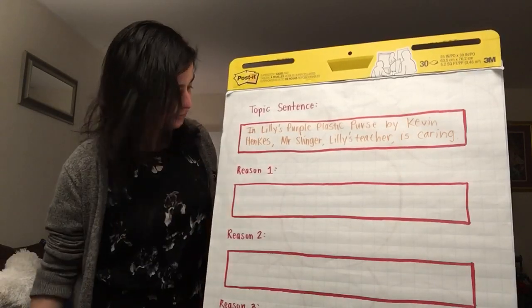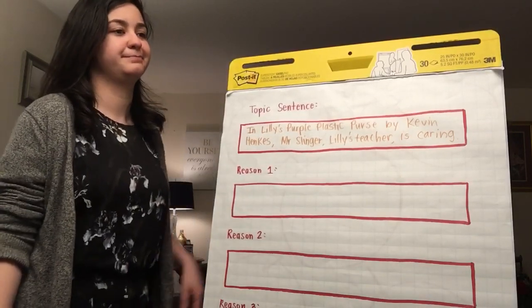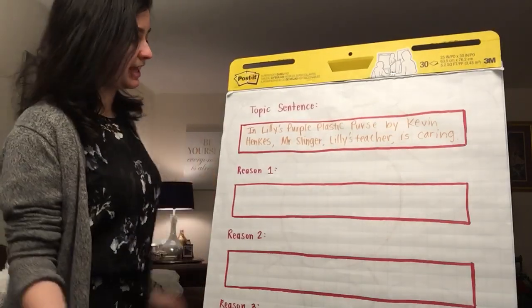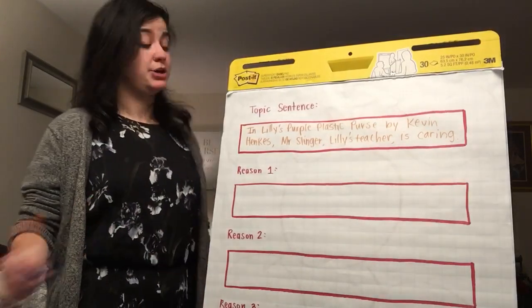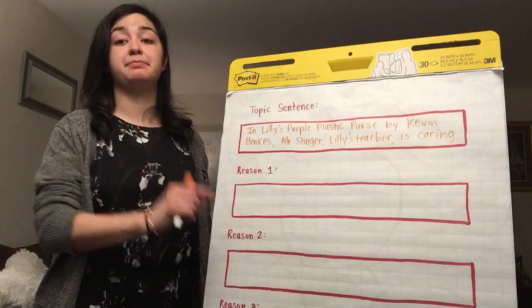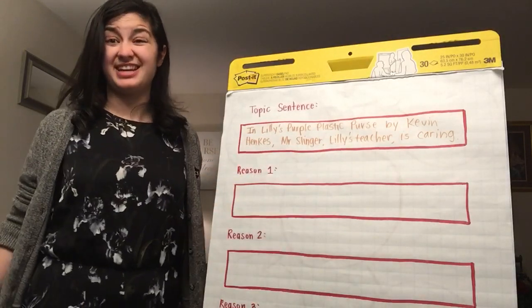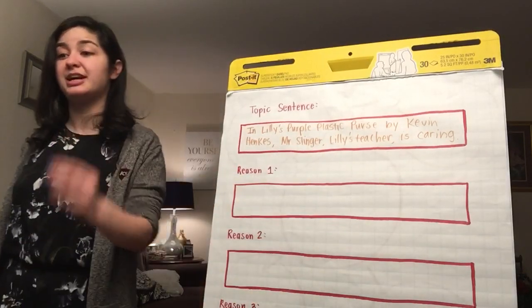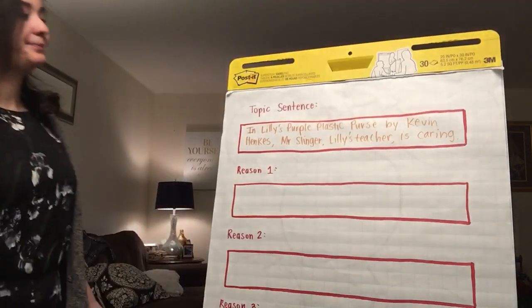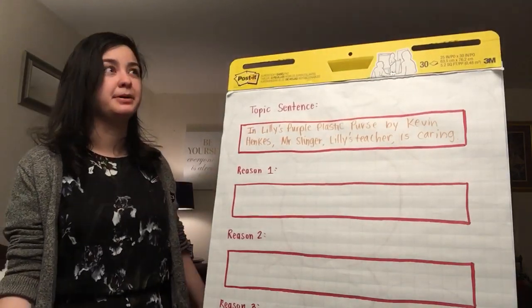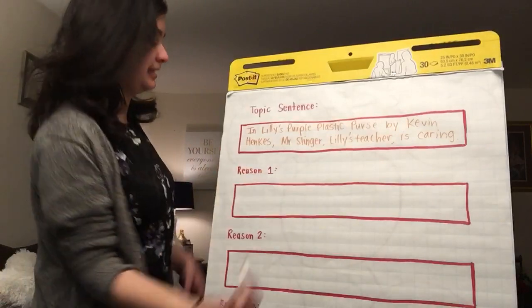What could be the first reason we know Mr. Slinger is caring? Now, when you're writing a box and bullet, you do not have to write a complete sentence or even a sentence at all. You're making it short and sweet. Now, you're thinking about what happened in the book. Now, he is caring.